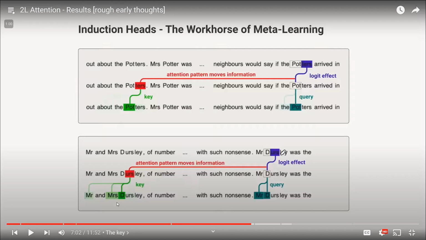So if in layer 1 an attention head says, copy yourself into a special place in the residual stream in the next token, then any transformer in a later layer can say, I want to attend to the token that comes after a given token, whether it's looking for itself, a noun, or a verb.